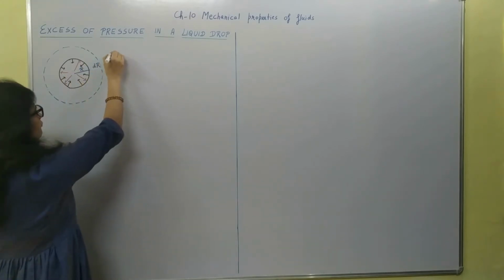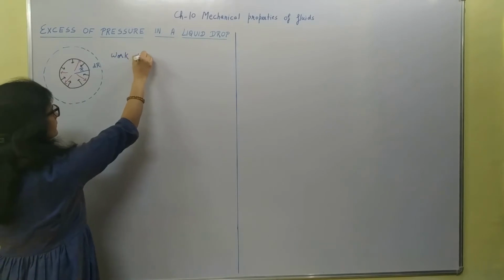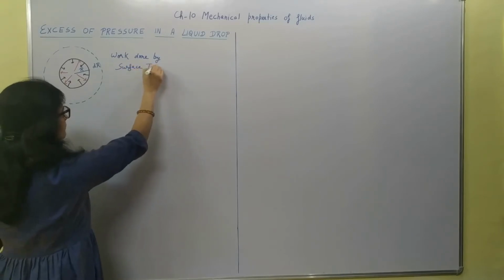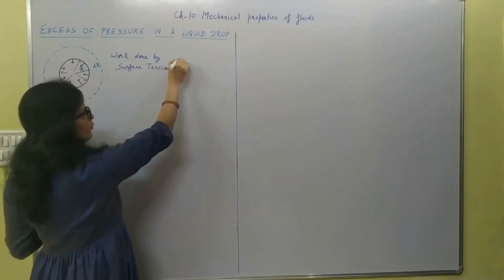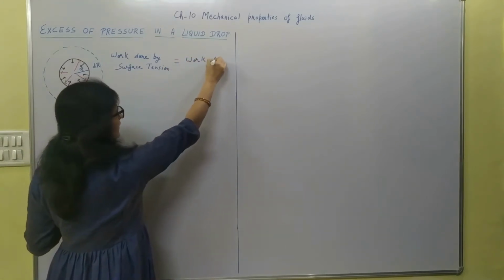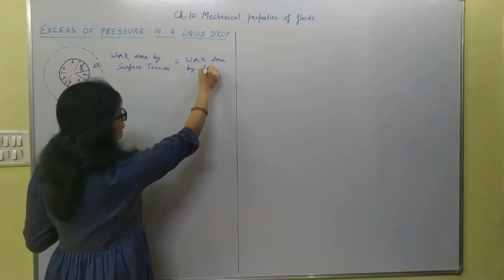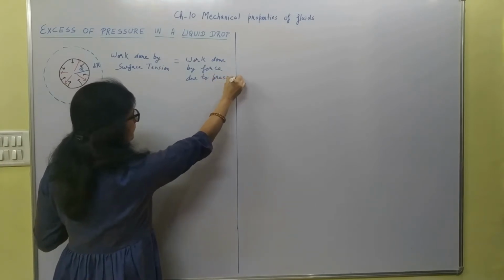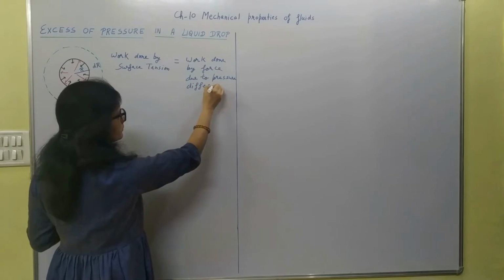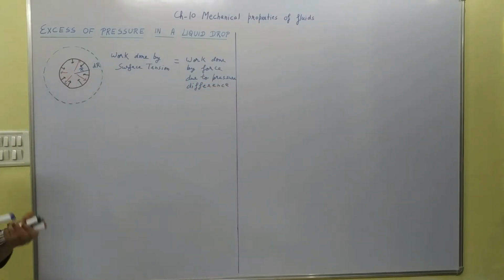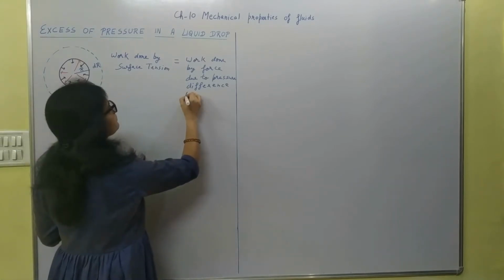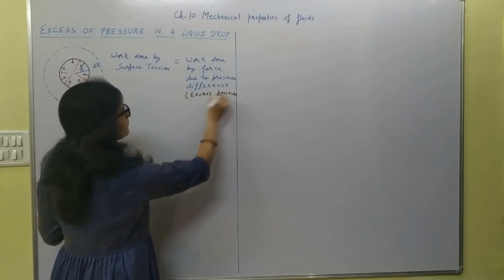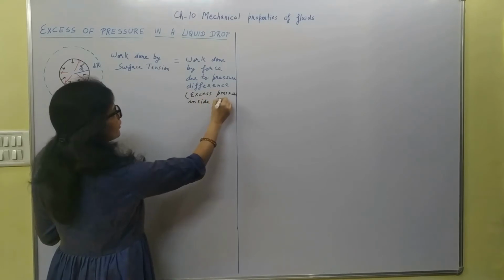So you can say that work done by surface tension is equal to work done by force due to pressure difference, or you can say the excess pressure inside the drop.